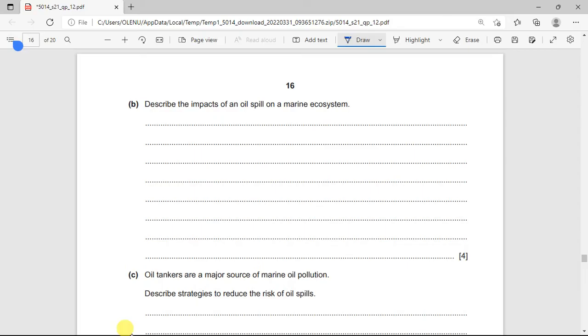Describe the impact of oil spill on marine ecosystem. First, the oil is toxic if it is ingested by marine organisms.